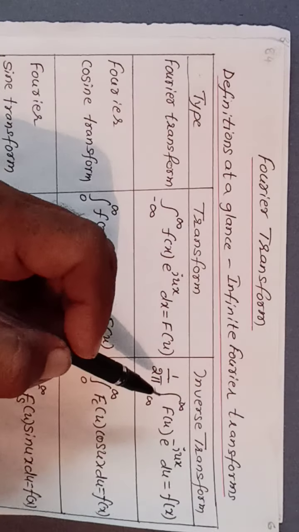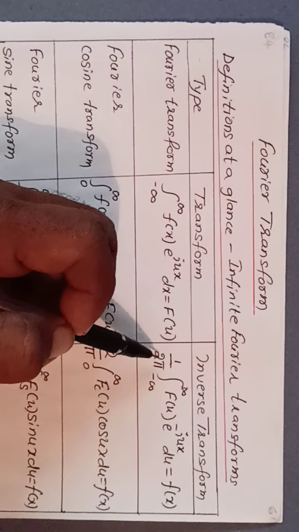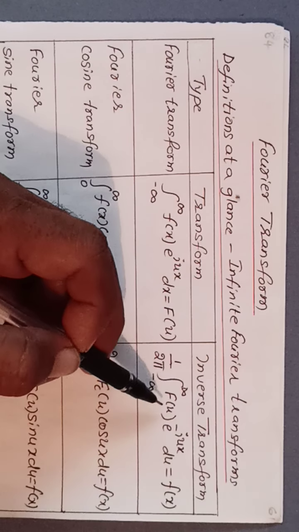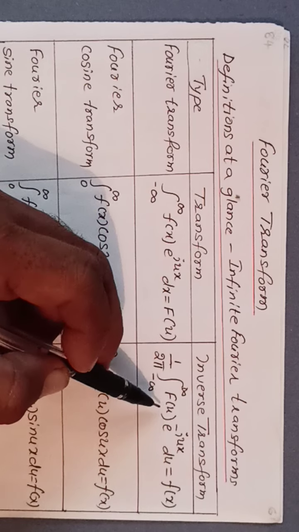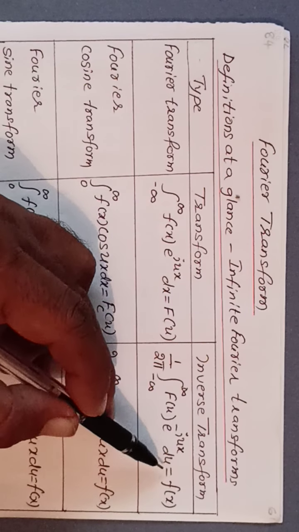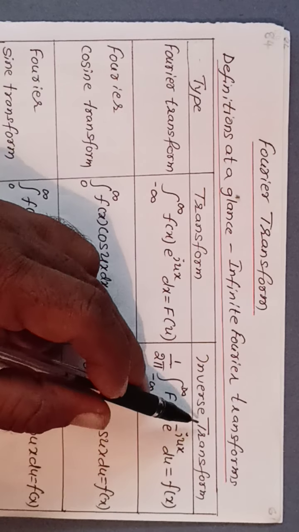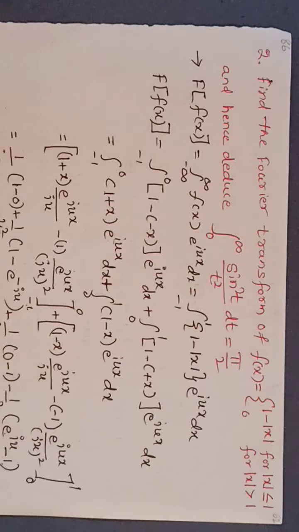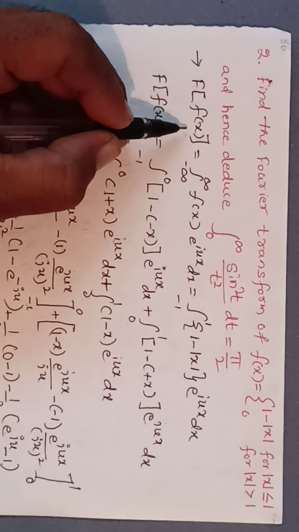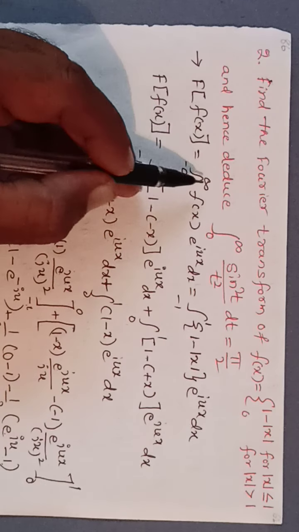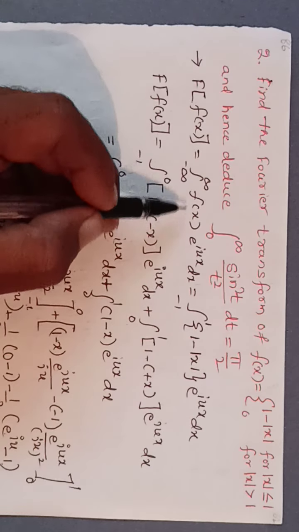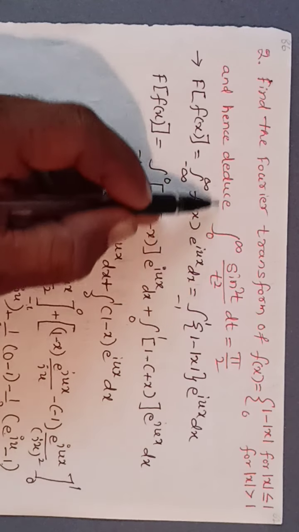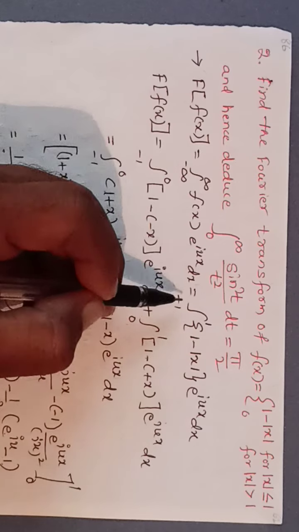Both are the same. The inverse of that is f of x is equal to 1 upon 2 pi times the integral from minus infinity to infinity of f of u e raised to minus iux du. So it is the inverse transform formula. And the transform formula is f of u is equal to the integral from minus infinity to infinity of f of x e raised to iux dx.